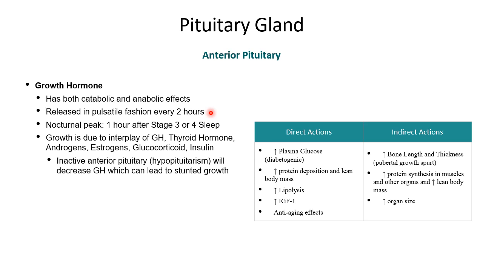It is released in a pulsatile fashion every 2 hours. And there is a peak in the level of growth hormone in the blood. So the nocturnal peak occurs at deep sleep, 1 hour after deep sleep.